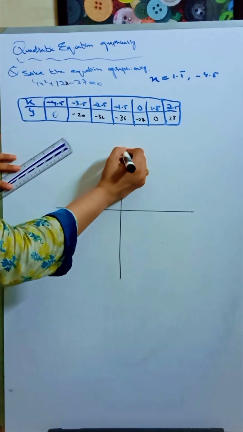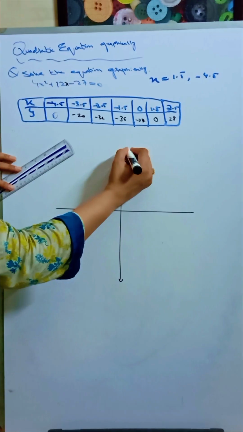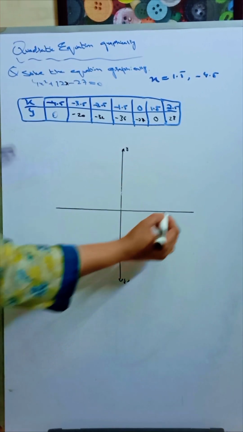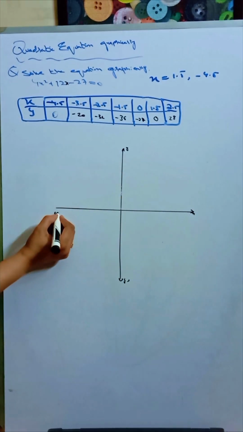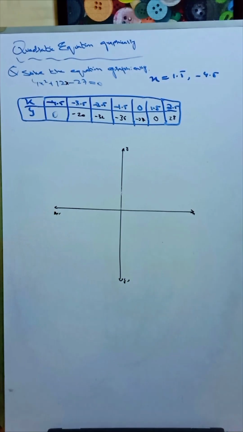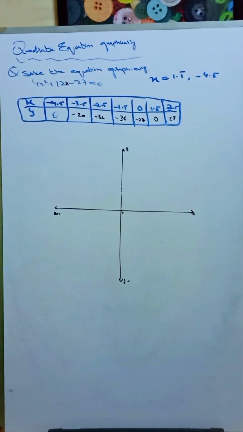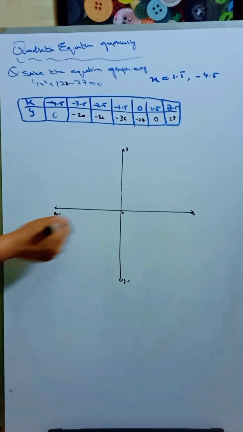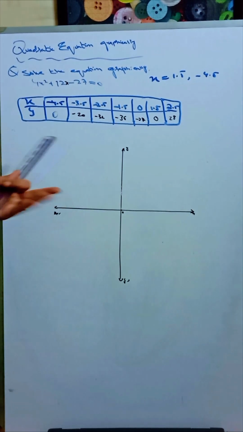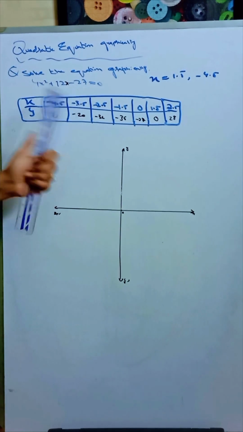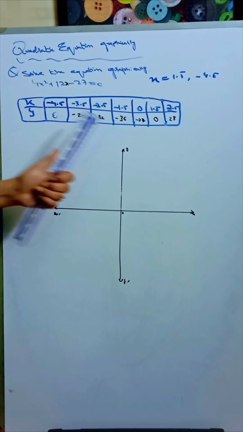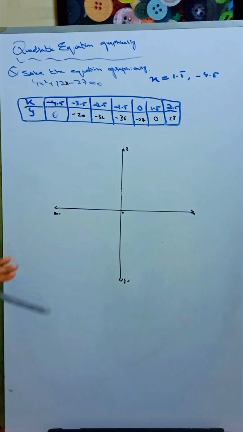Alright. Y, y dash. X, x dash. Now, these are the points we have to represent on the x-axis and on the y-axis. So what we do, x is minus 4.5, minus 3.5, minus 2.5. What interval must be here?